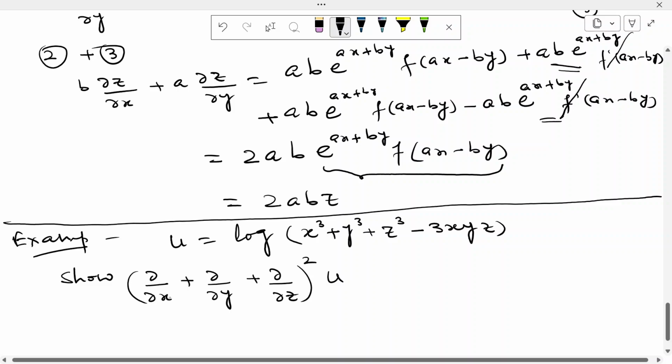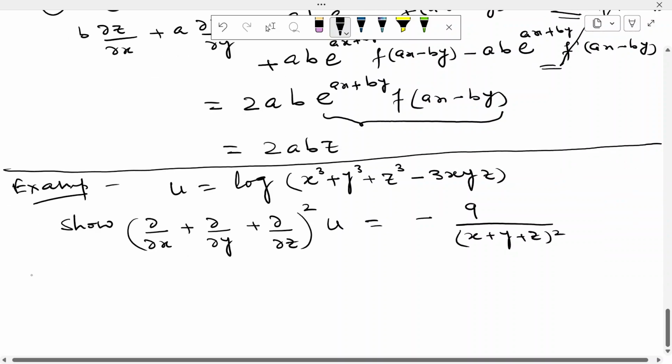So when you apply del over del x plus del over del y plus del over del z whole square on u, this should come out as minus 9 over x plus y plus z whole square. Okay, so let us begin with the solution.